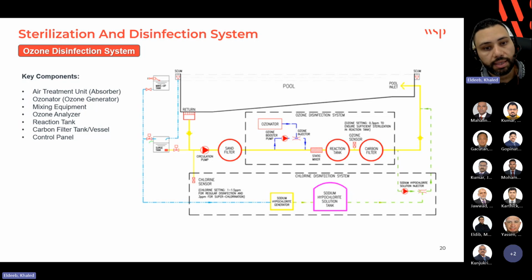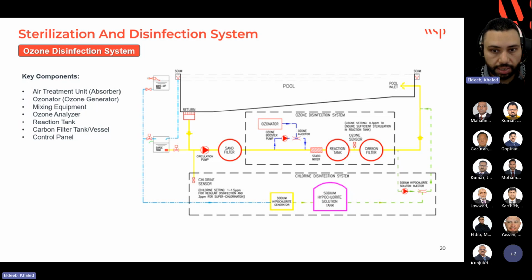Then after that, we have the ozonator, the ozone generator. This one converts the oxygen O2 in the air provided by the absorber into ozone O3, and produces highly reactive ozone gas for disinfection. Okay, so this is the second one.